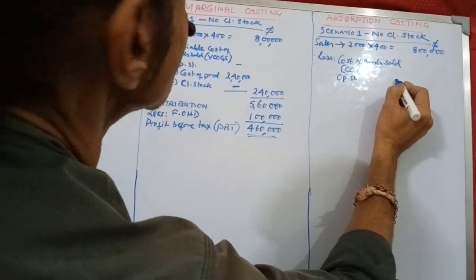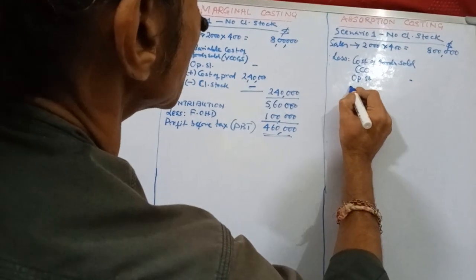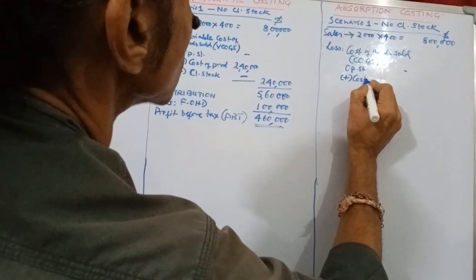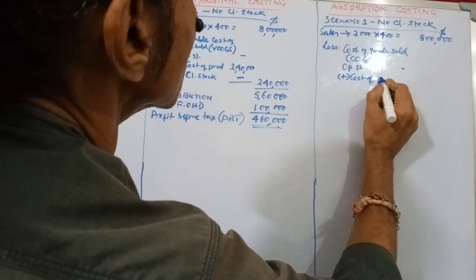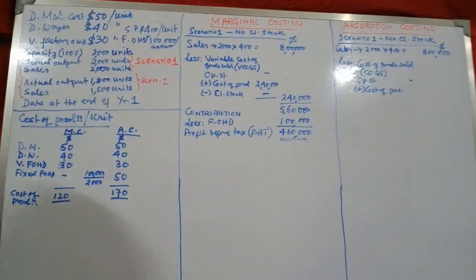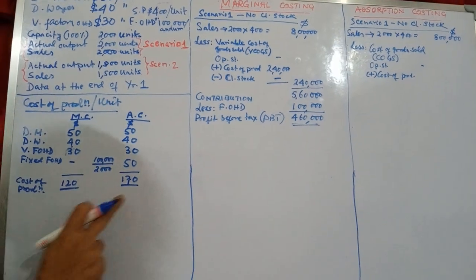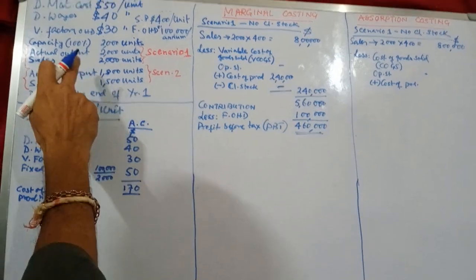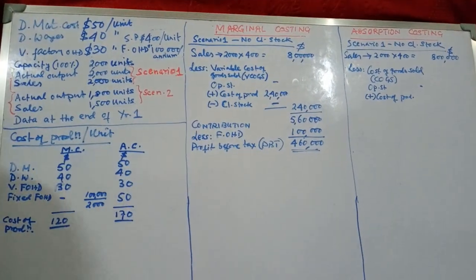We don't have any opening stock. Plus cost of production. What is the cost of production? Cost of production per unit is 170, and number of units produced is 2000.